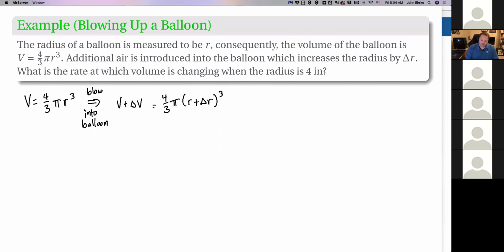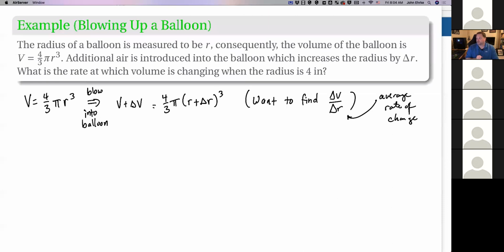So we want to find, since slopes are rate of change, the rate of change of volume over the rate of change of the radius. That's going to give me an average rate of change. And by taking the limit of that rate of change, I can pin it down to exactly 4 inches.